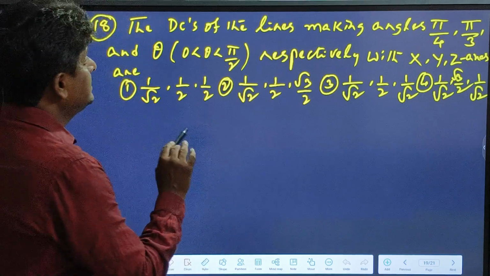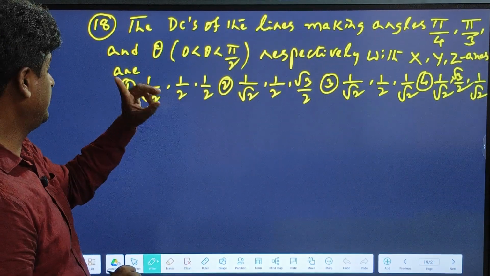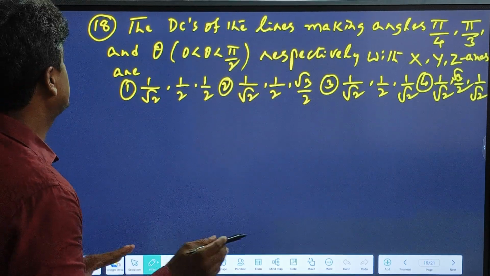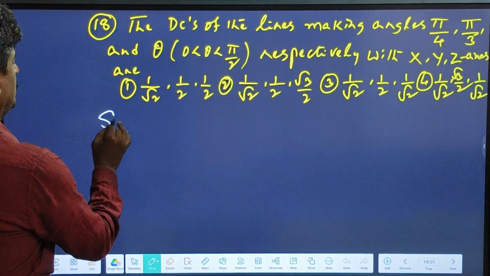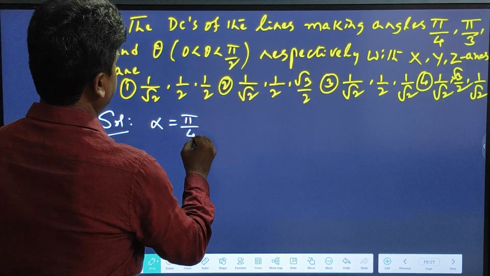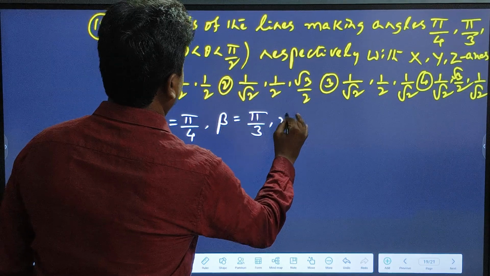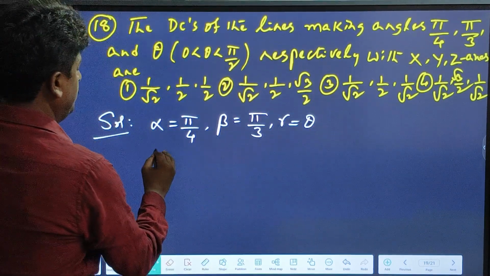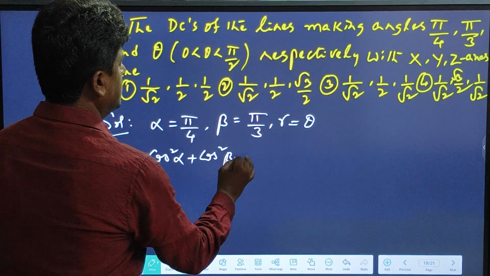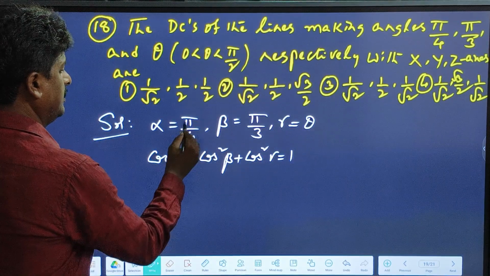18. The DCs of the lines making angles pi by 4, pi by 3 and theta respectively with the x, y, z axes are given here. Alpha is equal to pi by 4, beta is equal to pi by 3, gamma is equal to theta. We know very well that cos square alpha plus cos square beta plus cos square gamma is equal to 1.